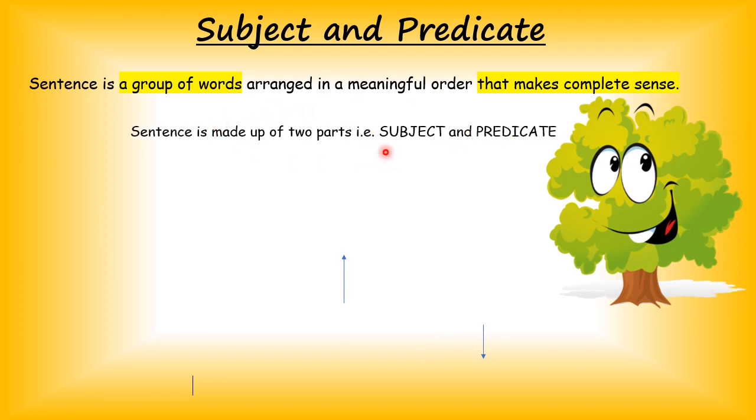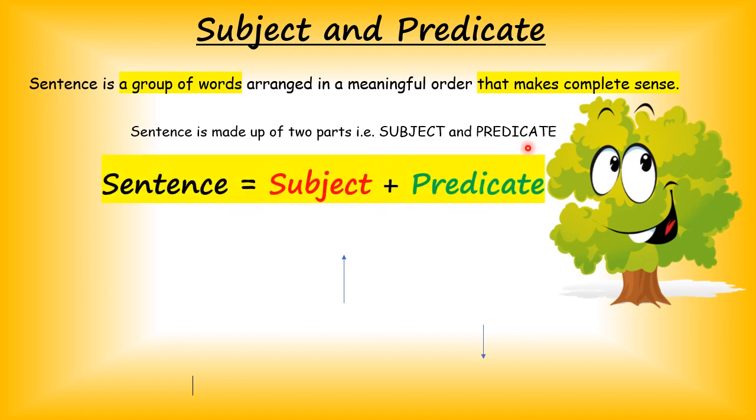What is that? Subject and predicate. A sentence is made up of basically two parts, that is subject and predicate. We can say sentence is equal to subject plus predicate. That means when subject and predicate join together, they form one sentence.